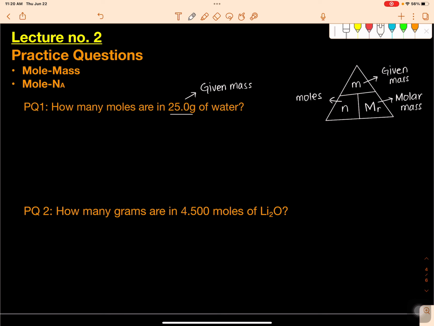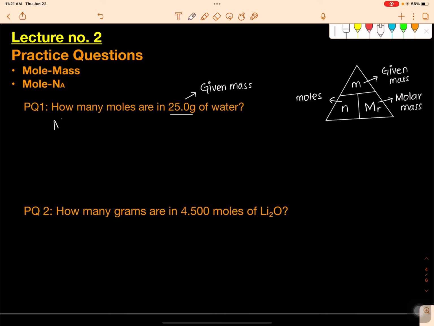So we are provided with the given mass, and the molar mass we can find out by looking into the substance we are provided with. We are provided with the substance which is water, so we can find out the molar mass of water.